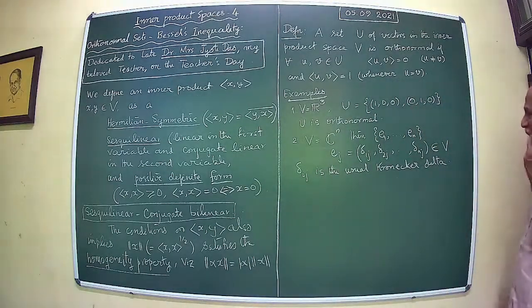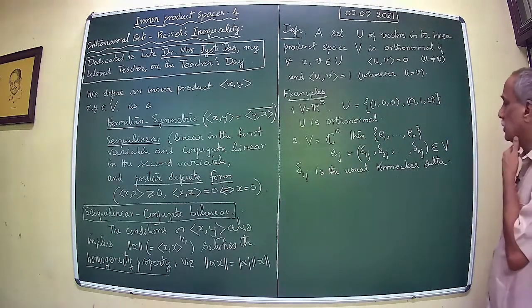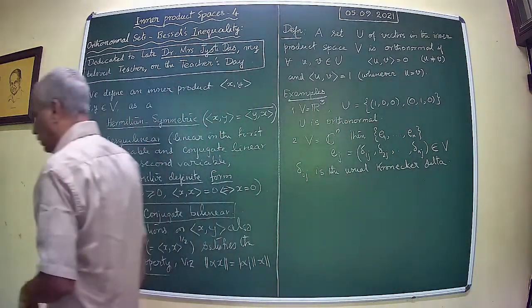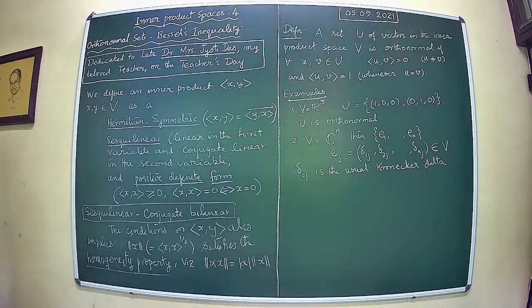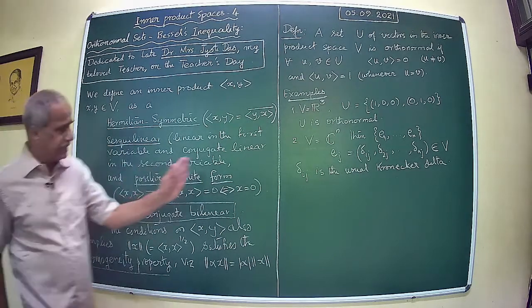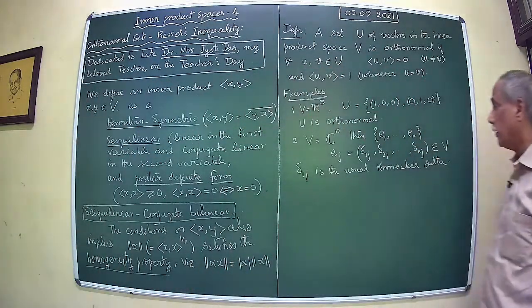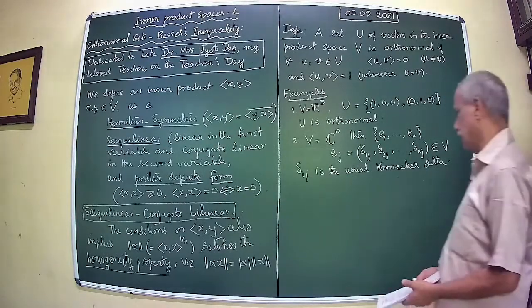That means delta ij equal to 1 whenever i equal to j, otherwise it is 0. So this is the standard basis that you choose for Cn.